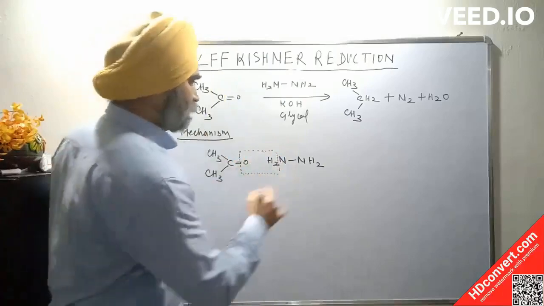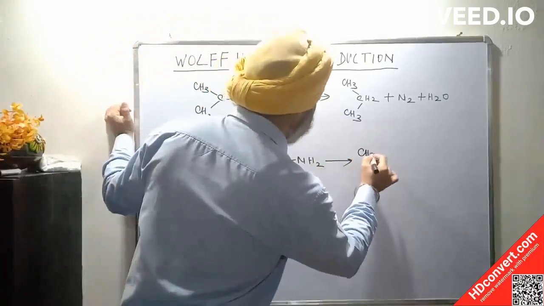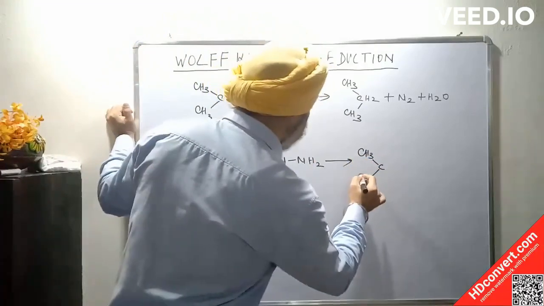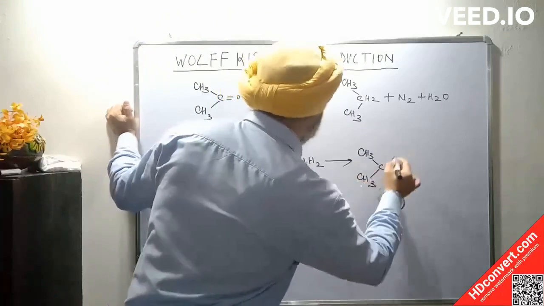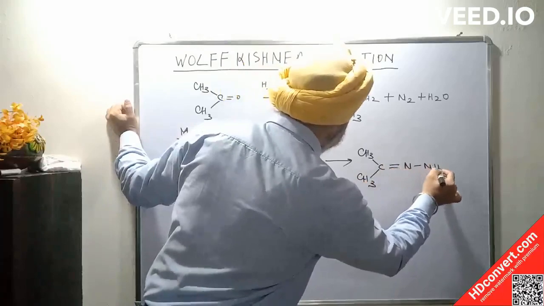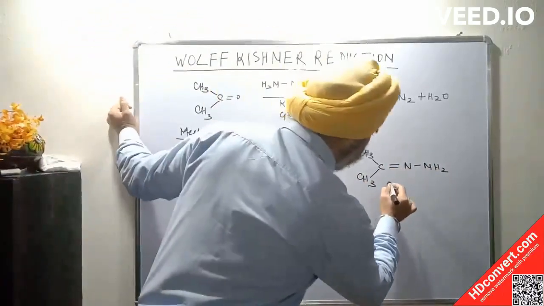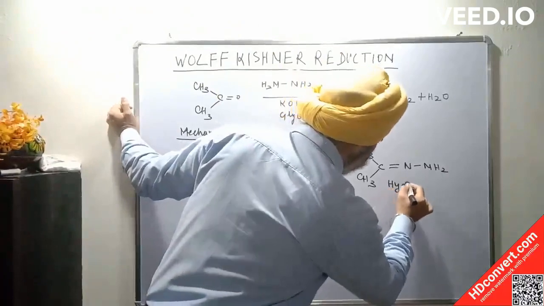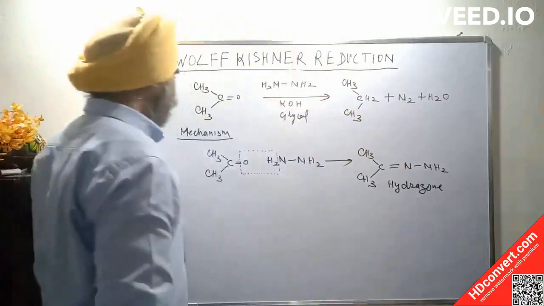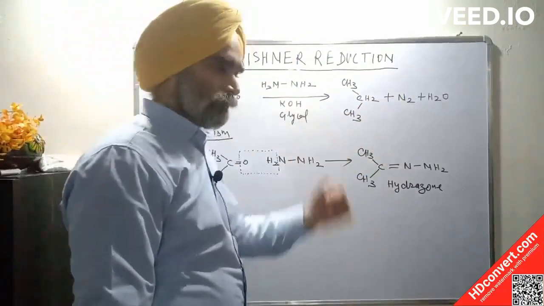The product formed will be CH3, C, CH3, double bond N, NH2. Now this compound is known as hydrazone. So we have started with ketone and we have got hydrazone.